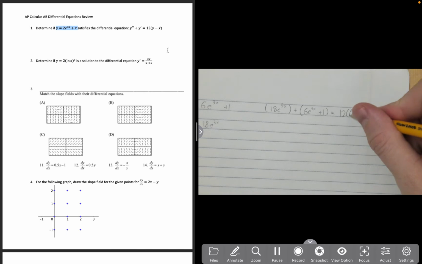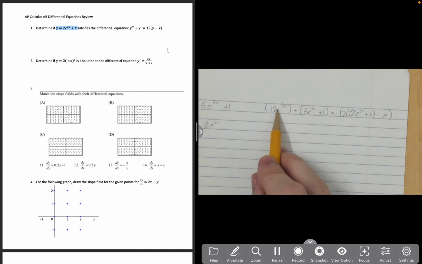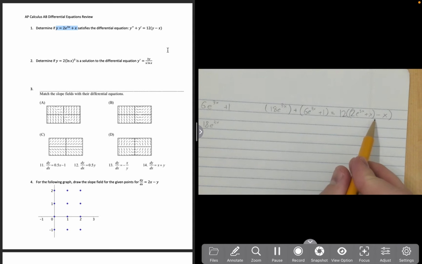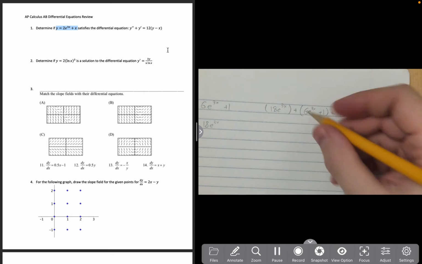All right, so in other words, there's another wrapping parentheses. So again, that's y double prime plus y prime equals 12y minus x. All right, well, let's start working this out.